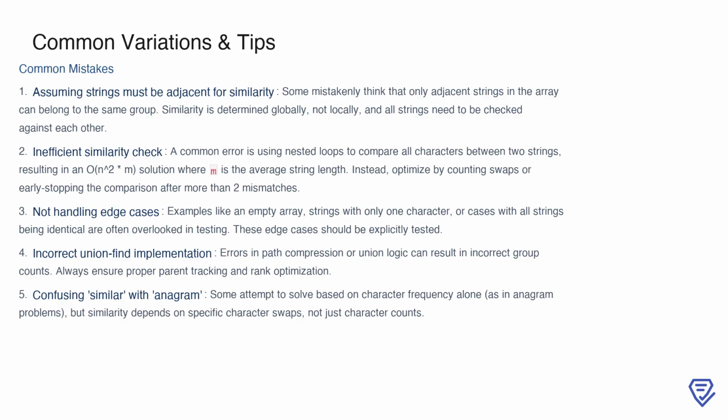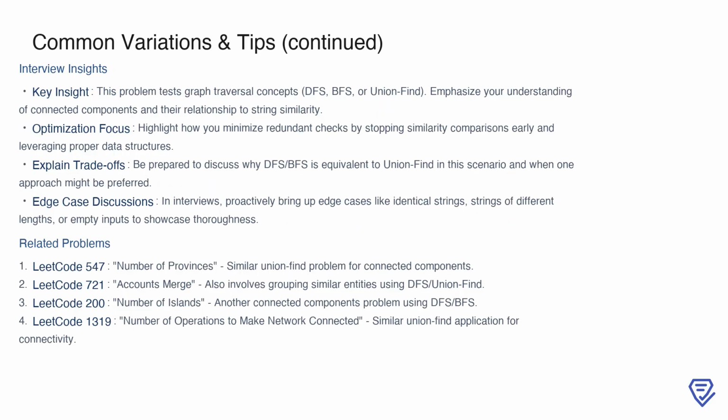Now, let's talk about some key insights for interviews. This problem primarily tests your understanding of graph traversal concepts, such as DFS, BFS, or union find. It's important to emphasize your knowledge of connected components and how they relate to string similarity. Optimization is another critical focus area.